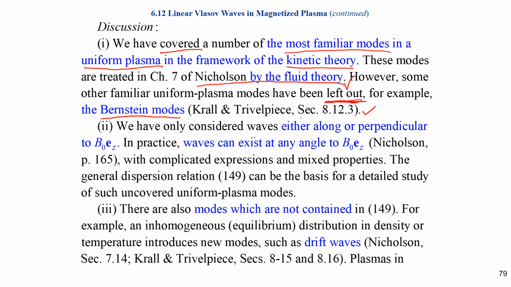Second, we have only considered waves either along or perpendicular to the magnetic field, two cases. In practice, waves can exist at any angle to B0, with complicated expressions and mixed properties. The general dispersion relation can be the basis for a detailed study of such uncovered uniform plasma modes.